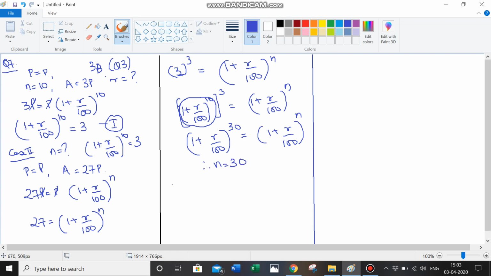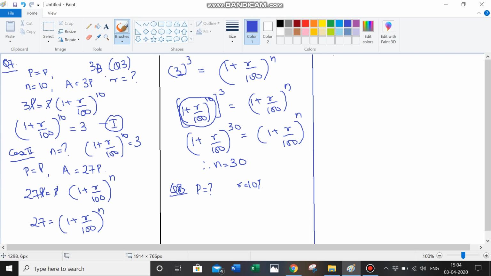That brings me to question number 8, which is the last question I'll solve from this exercise. Mr. Sharma borrowed a certain sum of money at 10% per annum. So P I don't know, and R is equal to 10% per annum, compounded annually. If by paying 19,360 at the end of second year and 31,944 at the end of third year, he clears the debt. Oh, so we've done this kind of question.